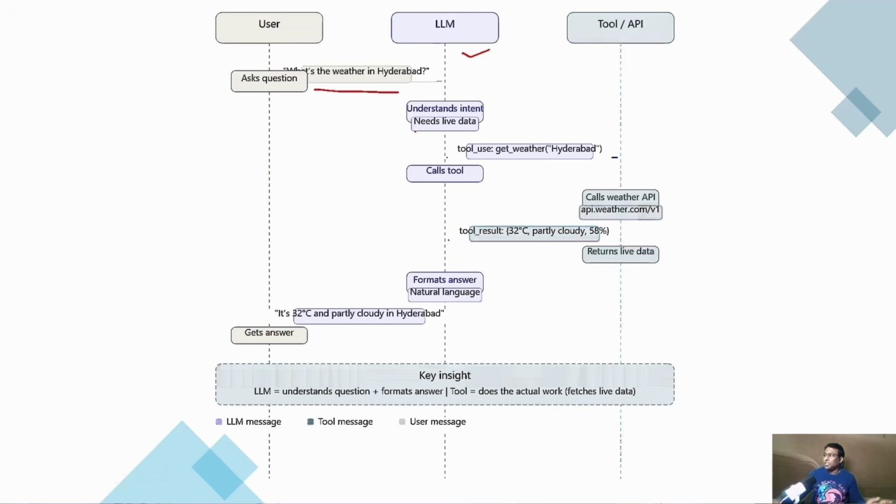So it selects the get weather tool and calls that tool. Now the tool executes the REST APIs and gets the information from the web servers. That retrieved information is in JSON format. That raw data, JSON data, will be sent back to the LLM. The LLM, after receiving this raw data, will convert it into natural language and respond back to the user. We'll understand this by looking into code.